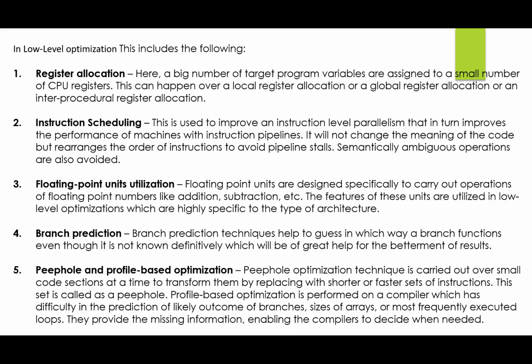Profile based optimization is performed when a compiler has difficulty predicting the likely outcome of branches, sizes of arrays, or the most frequently executed loops. Profiles provide the missing information, enabling the compiler to decide when needed.